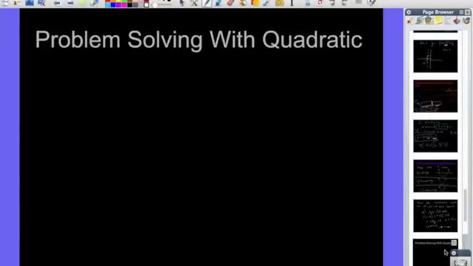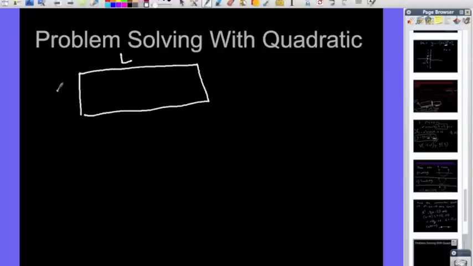Okay, now let's move on to problem solving with quadratics. So we all know what problem solving is: solving problems. Lol, no. Okay, yes. Here I have an example. Let's take a rectangle.